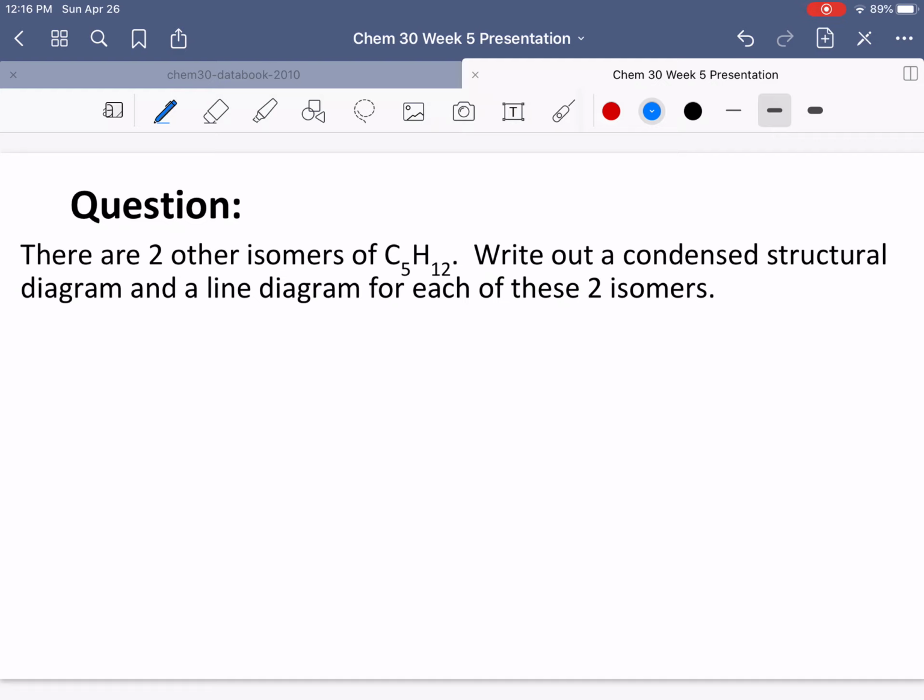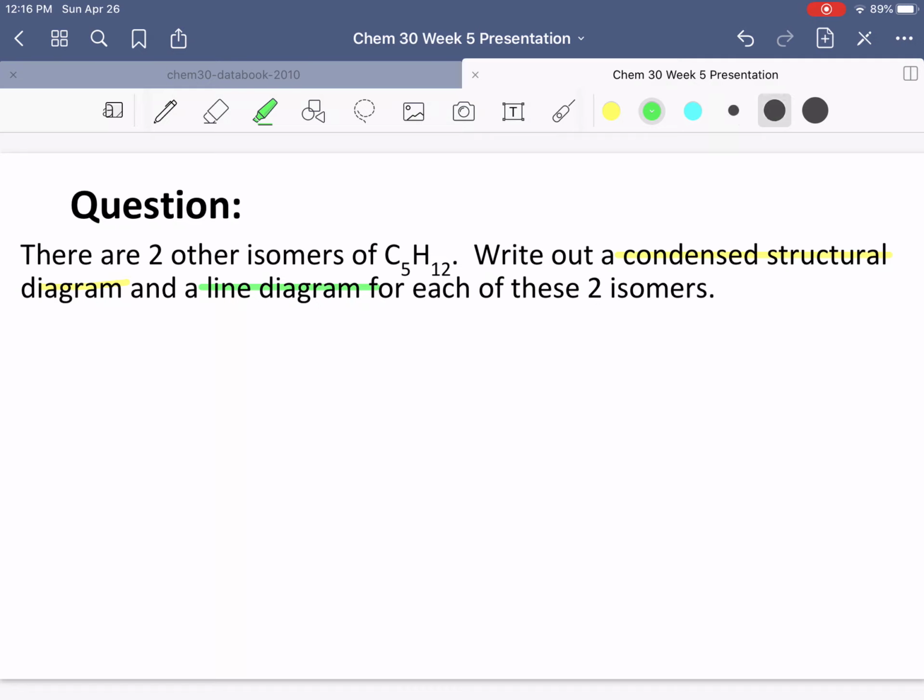So if we consider that we've got some other isomers of these, we're going to write a condensed structural diagram and then a line structural diagram for each of these. Now, that's where I'm saying pay attention to the language. Condensed, you have to know what those mean, versus line structural diagram, again, you need to know what those mean.